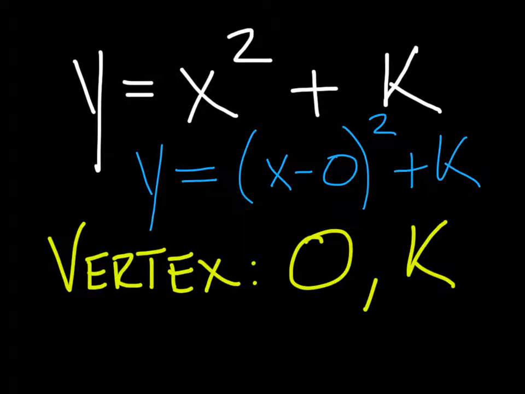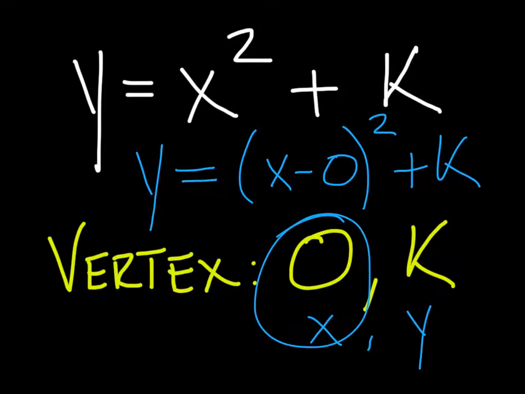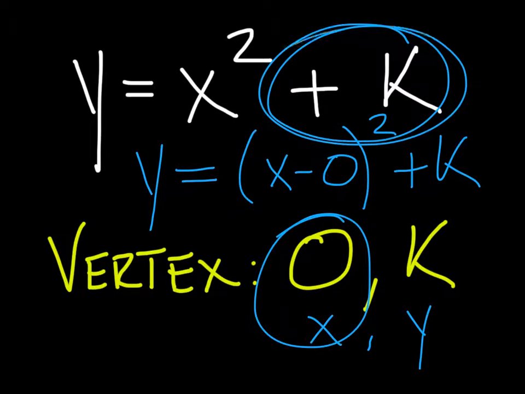Keep in mind that whenever you see y equals x squared plus a constant, the x value of the vertex is just going to be 0. And then this number out here will give you whatever it is for the y value of the vertex.